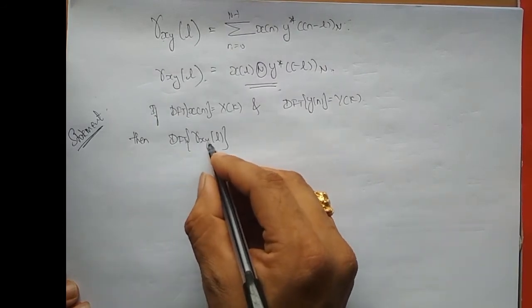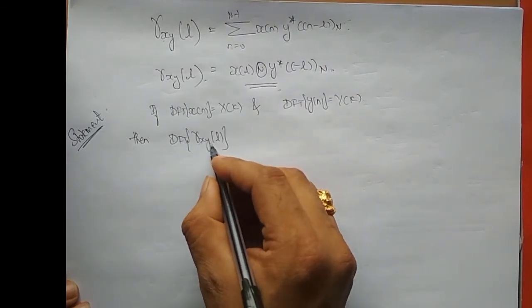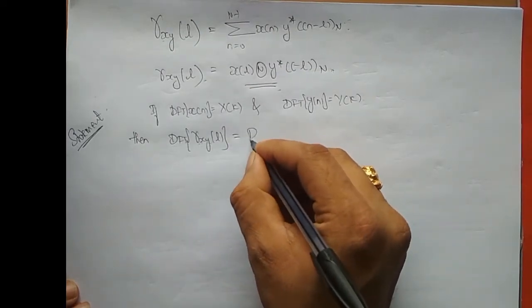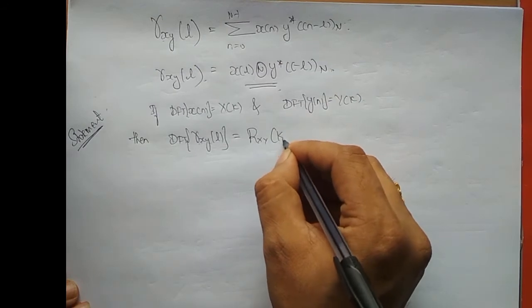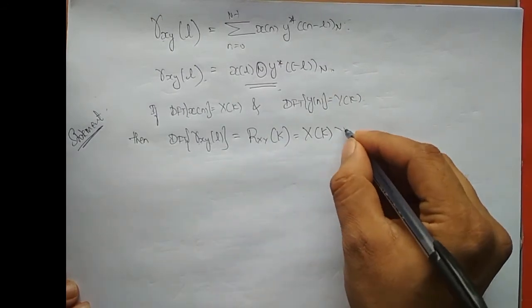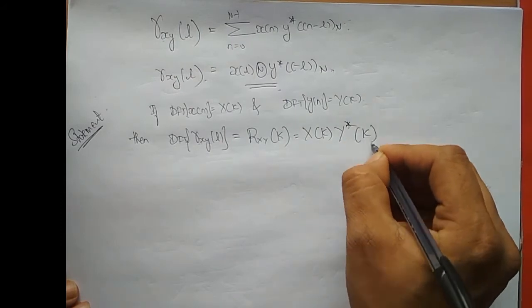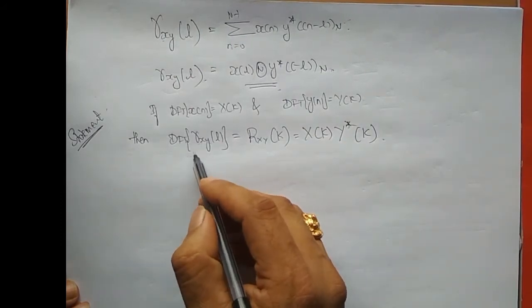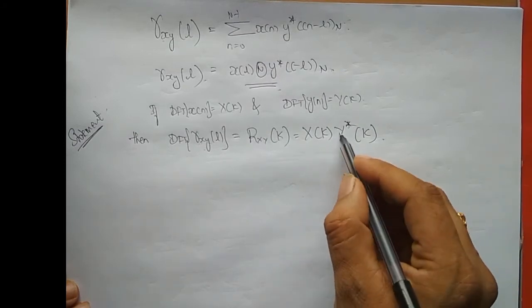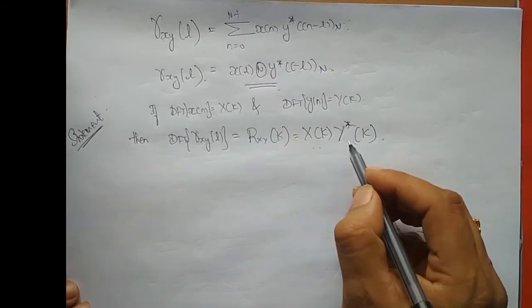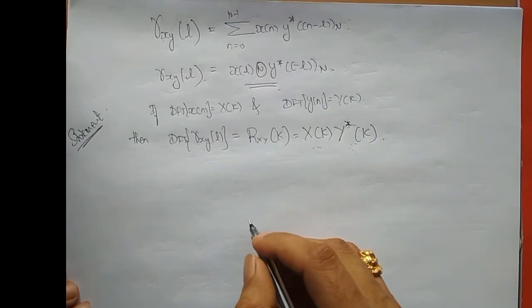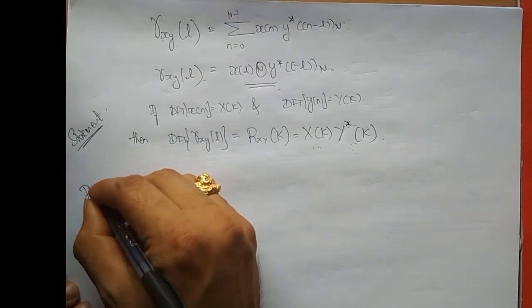If these two signals are the same, then it will be autocorrelation. In the frequency domain we call it capital Rxy of k, which is equal to X of k into Y star of k. Correlation in the time domain is multiplication in the frequency domain, same as for convolution, but one of the sequences is conjugated. So we'll try to prove it.